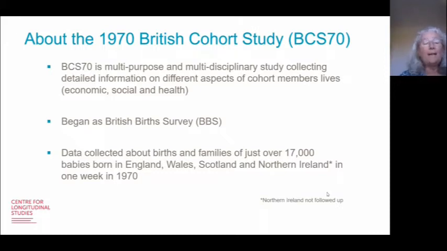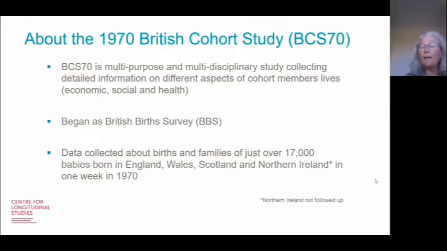The survey began as the British Birth Survey, which aimed to examine social and biological characteristics of the mother in relation to neonatal morbidity. The survey, as Morag said, consists of over 17,000 cohort members born in England, Wales, Scotland, and the birth survey included babies from Northern Ireland, which were not followed up.